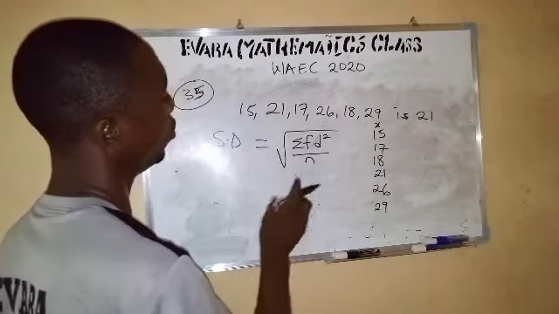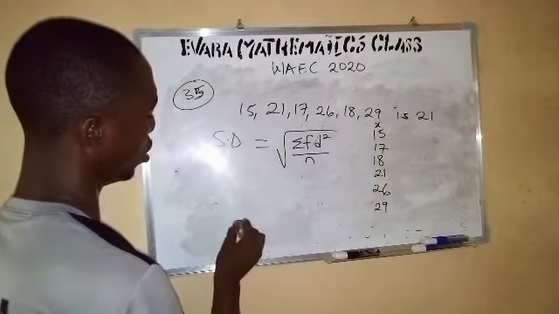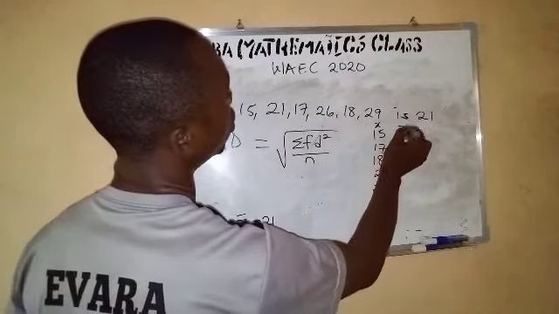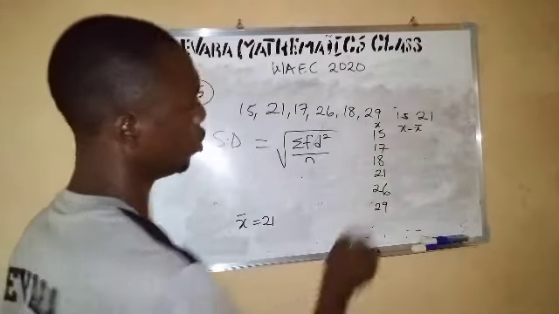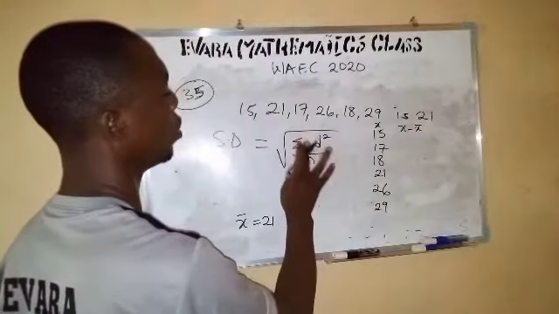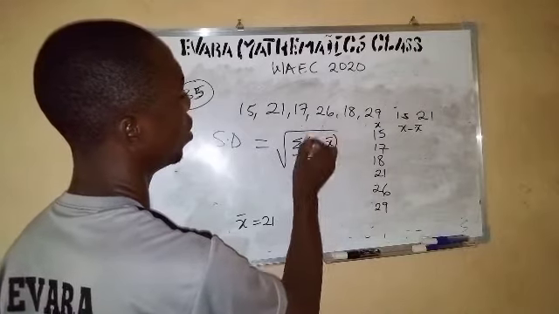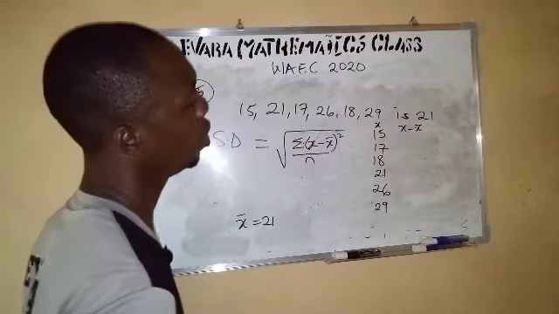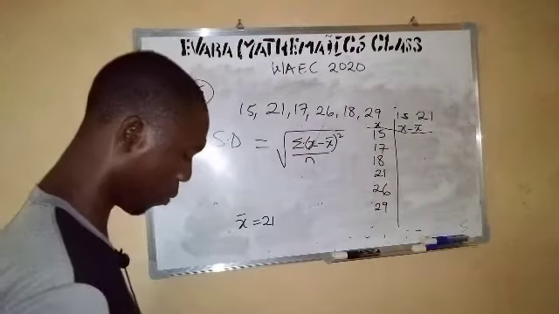Then, since we are given the mean already, the mean is 21. If the mean is x bar, 21. So the next thing for us to do is to find x minus x bar. This x minus x bar, in some textbooks, you see it as d. So that is why this formula can be written as x minus x bar squared. That is, you'll be subtracting the mean from each of these values.